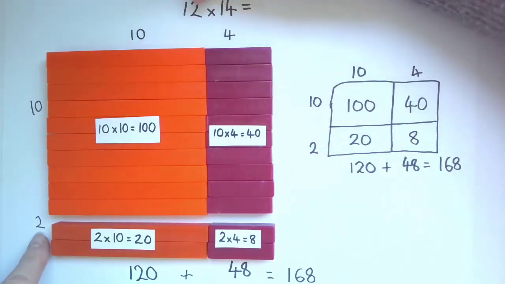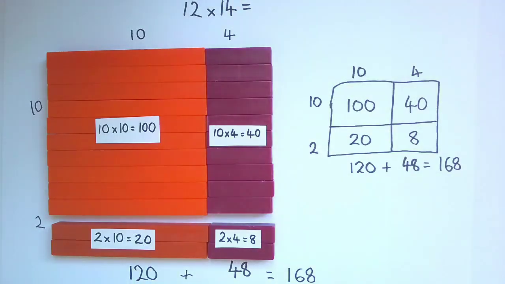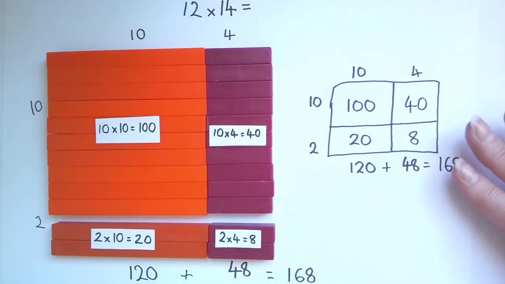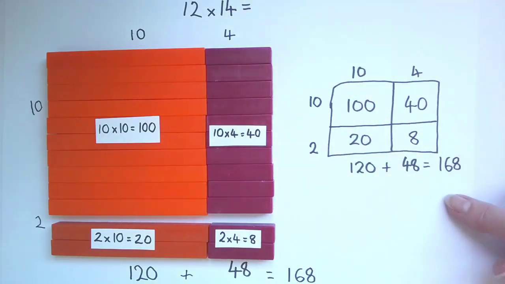And then the ones digit in the 12 has to again multiply the tens digit in the 14 and the ones digit in the 14. So there are 4 separate calculations there. But we don't want to have to use our manipulatives. And as we get larger numbers, this can become more tricky when we're needing to add all those separate answers together.